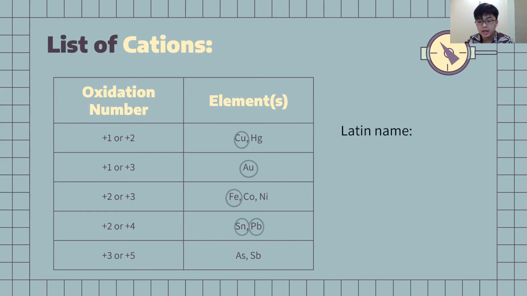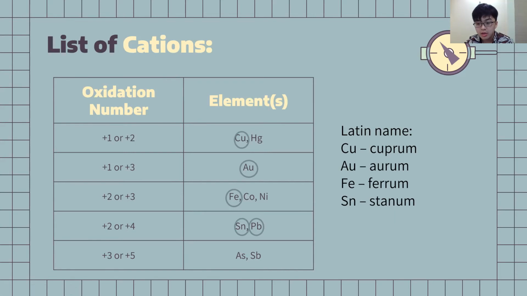Here are the Latin names. Cu or copper must be cuprum. Au or gold must be aurum. Fe or iron must be ferrum. Sn or tin must be stannum. And lead or Pb must be plumbum.